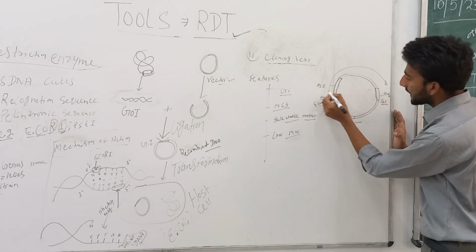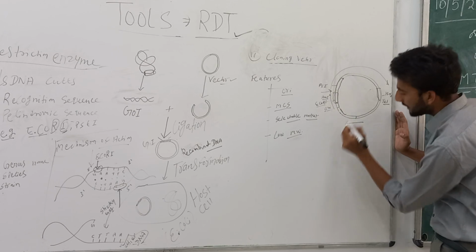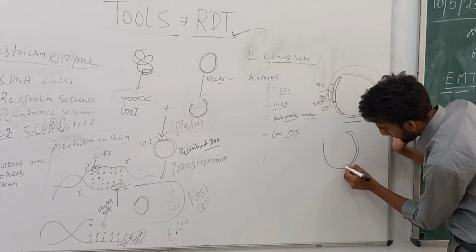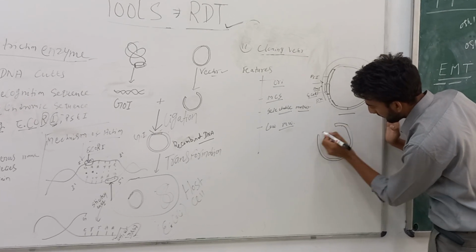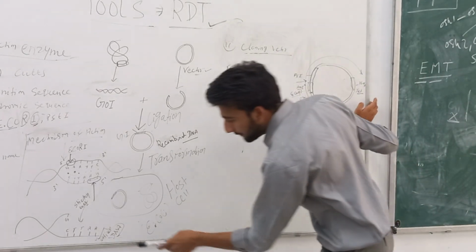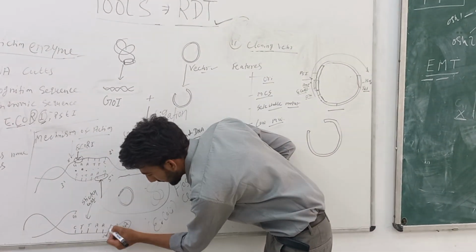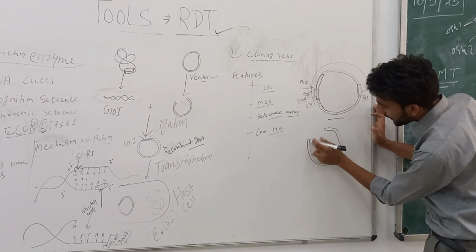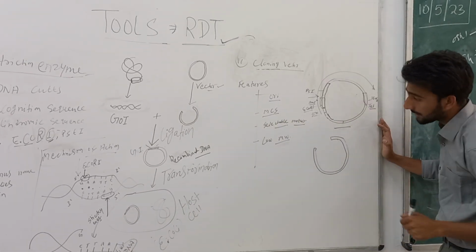Then we will cut the vector with EcoRI. The EcoRI site is there, so this site will be fragmented. See, we generate here two same sticky ends, and here EcoRI can also generate the same sticky ends, and they will be complementary to each other.